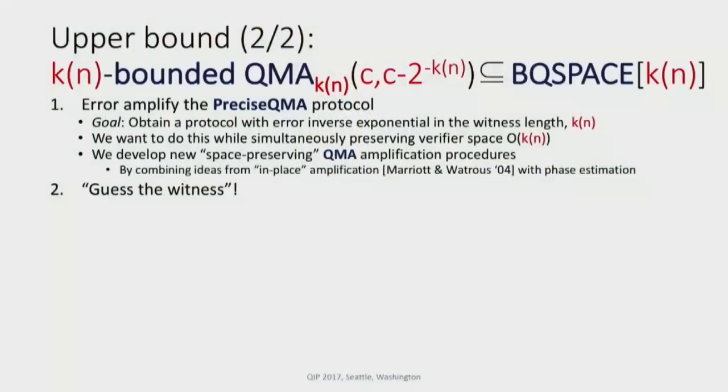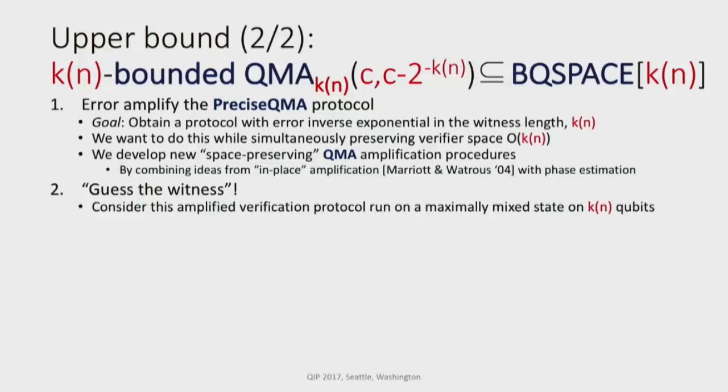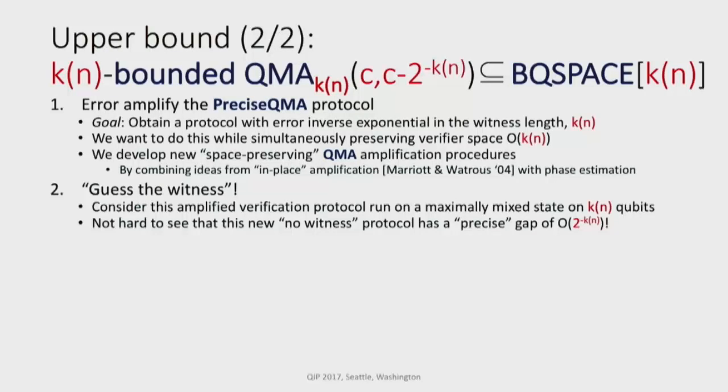Now, if we have this amplified protocol, what we're going to do is simply consider the same amplified verification protocol that guesses the witness. So we consider this protocol run on the maximally mixed state on K of n qubits. This is going to take a huge hit in the completeness and soundness; they're going to drop considerably.